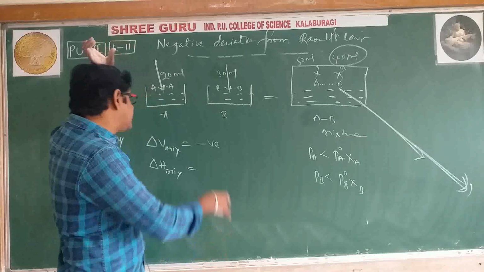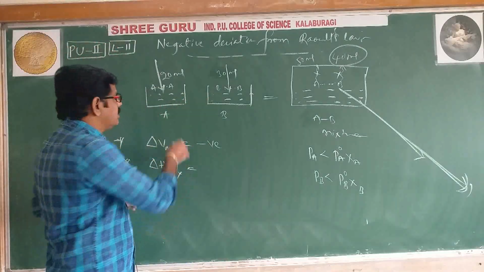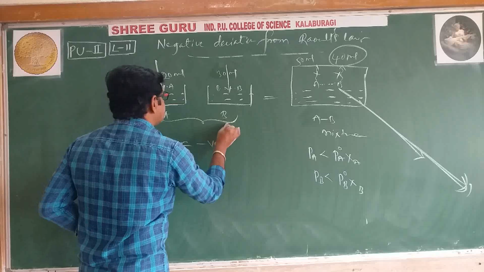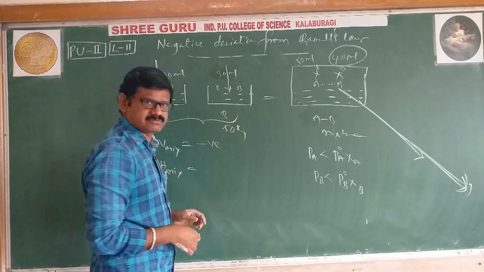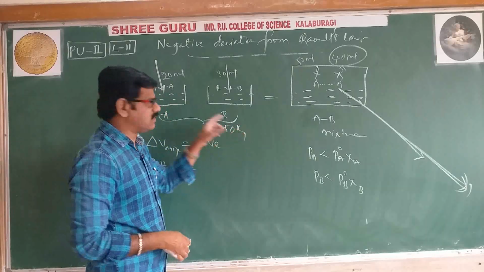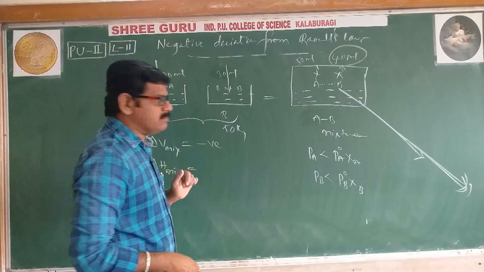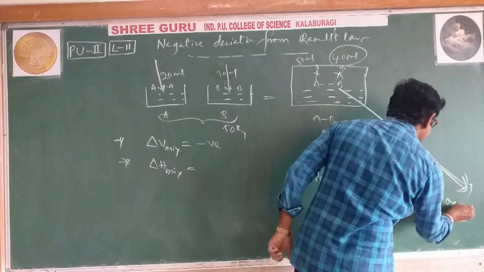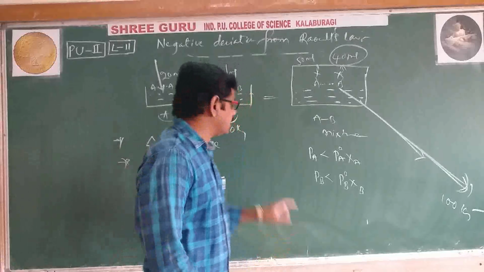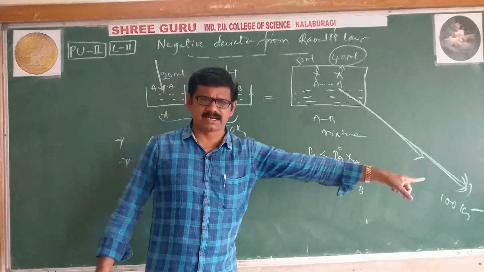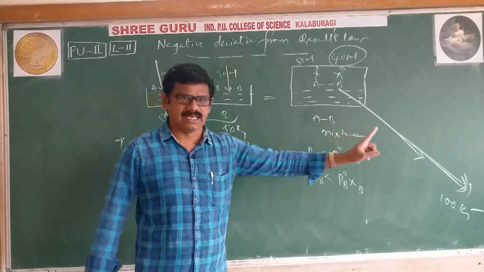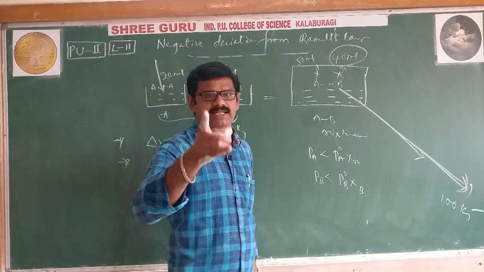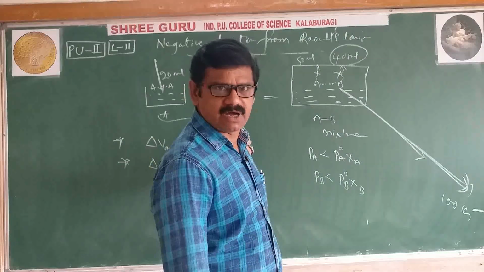Comparing with these energies, say for example, the required energy to break the bonds is 50 kilojoules. But after formation of the bond, the released energy is 100 kilojoules. Required is 50, released is 100. Means released energy is more compared with required.